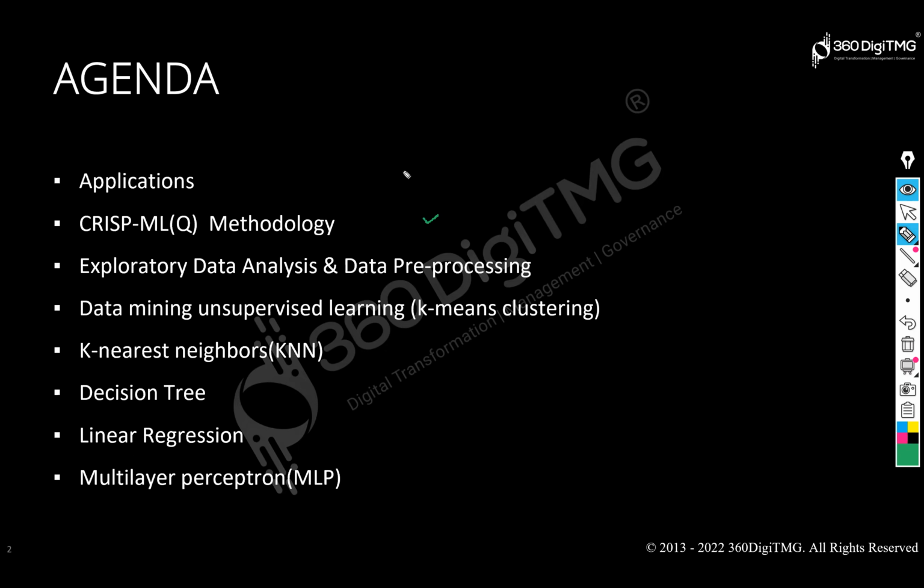Here we have 6 phases in it. What are those phases and how does it work? Business and data understanding is the first phase.